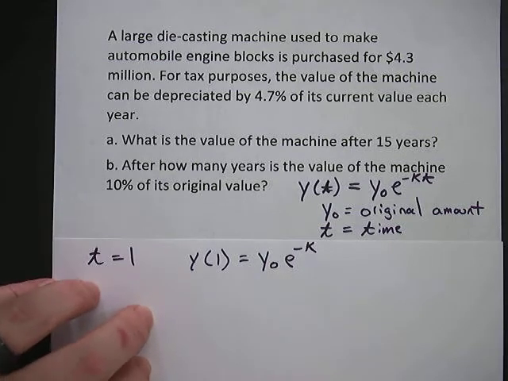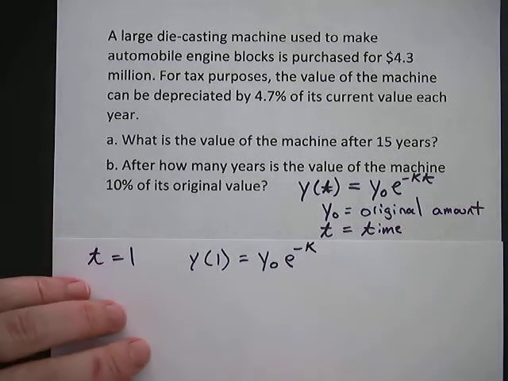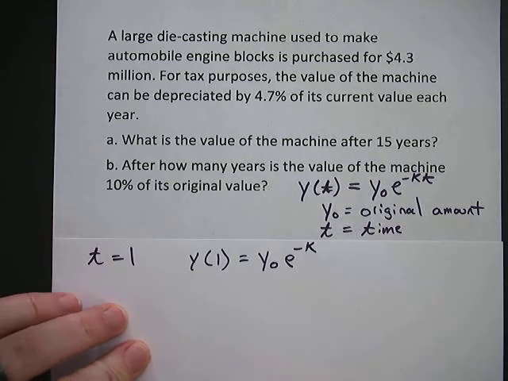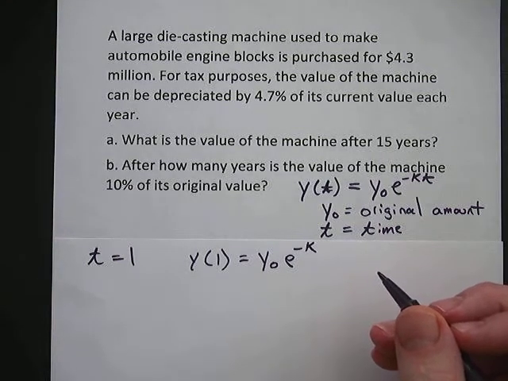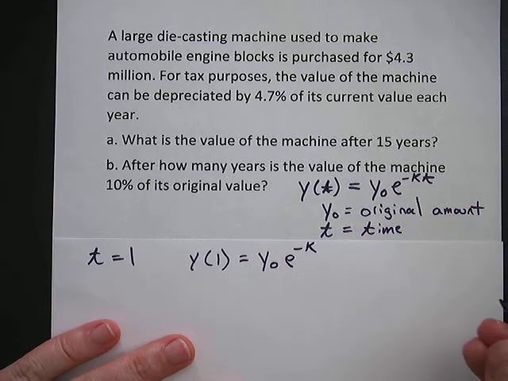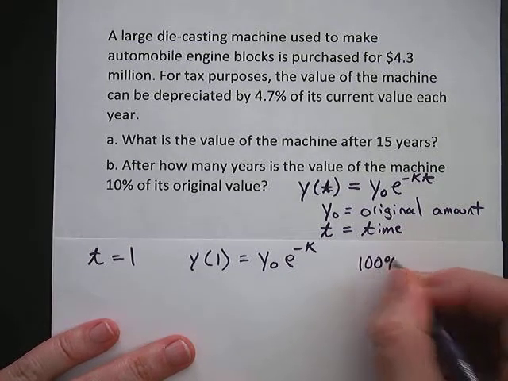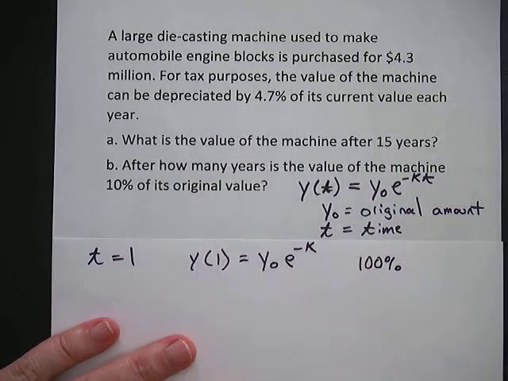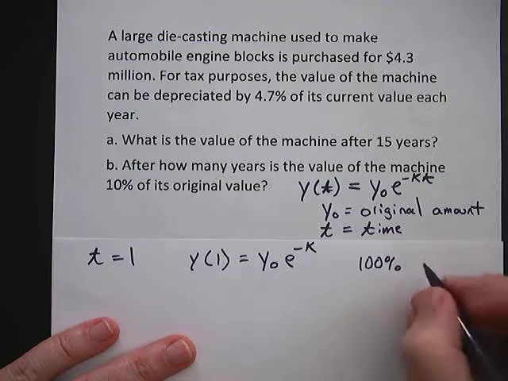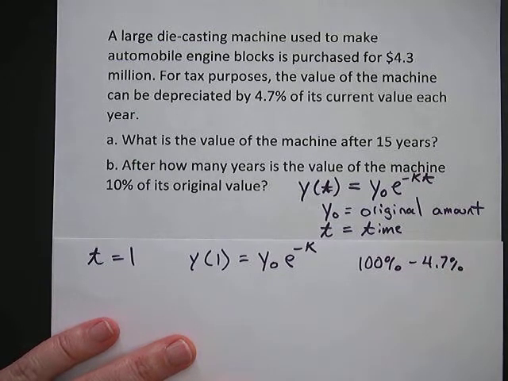Now, we know that this thing depreciates at 4.7% of its current value each year. So I can use that information to say, if it's 100% of its original value, then in 1 year, every year it depreciates by 4.7%, so we can subtract off 4.7% to get how much of its original value it is after 1 year.